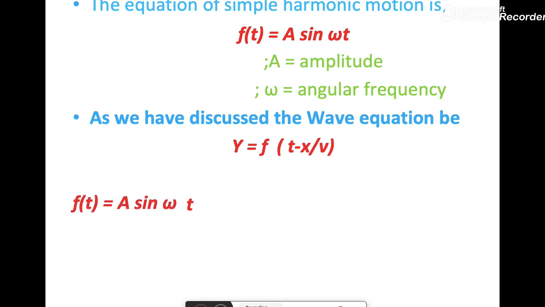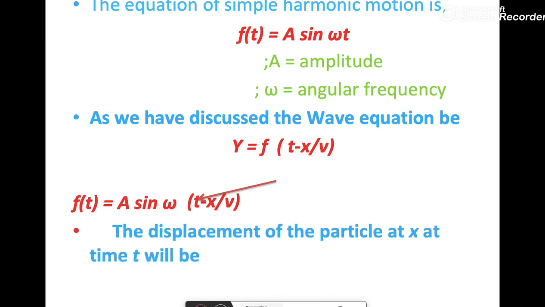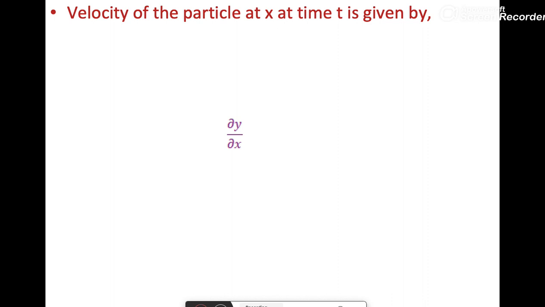In this simple harmonic wave motion, we need to replace time t by t minus x upon v. Therefore, the wave equation of a sine wave traveling on the string at x and at time t will be y equal to a sine omega t minus x upon v.